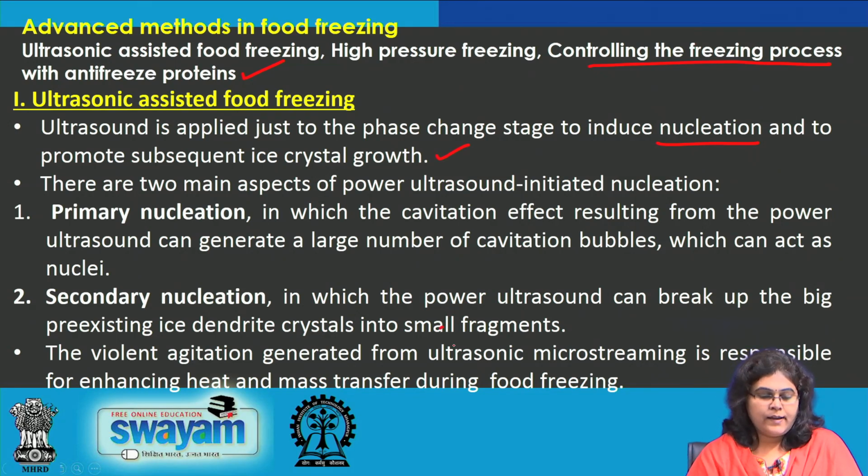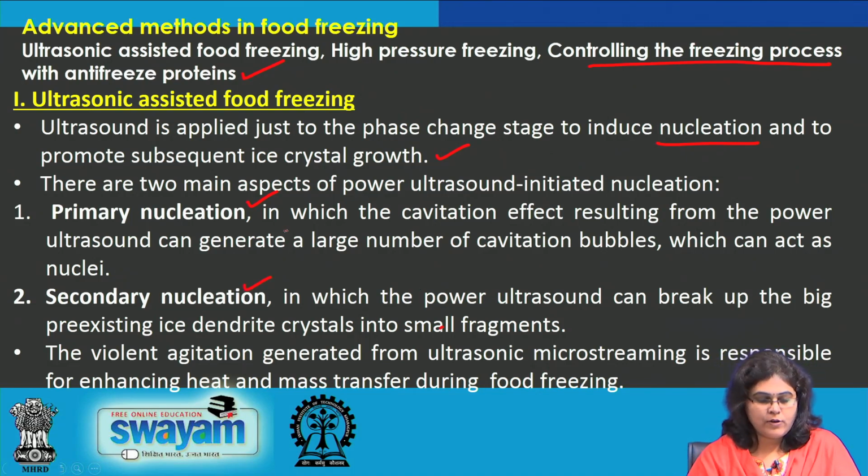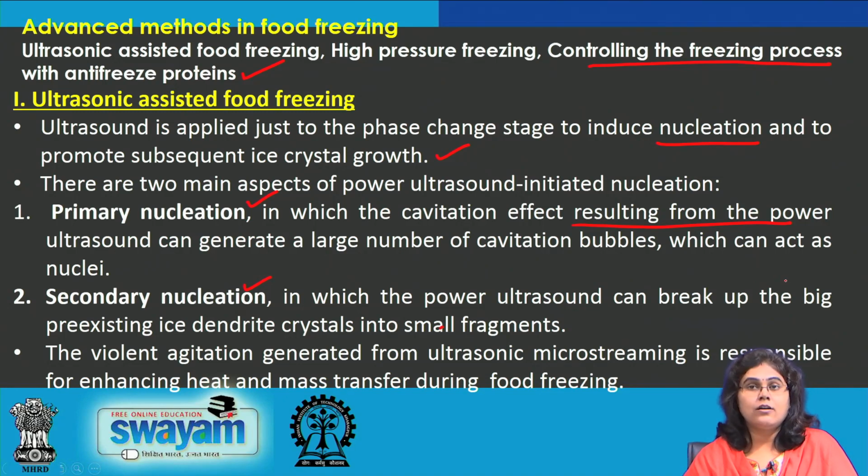There are mainly two aspects of power ultrasound initiated nucleation process. First one is the primary nucleation and second one is the secondary nucleation. In primary nucleation, the cavitation effect resulting from the power ultrasound can generate a large number of cavitation bubbles, which can act as the nuclei for crystal generation, followed by nucleation.